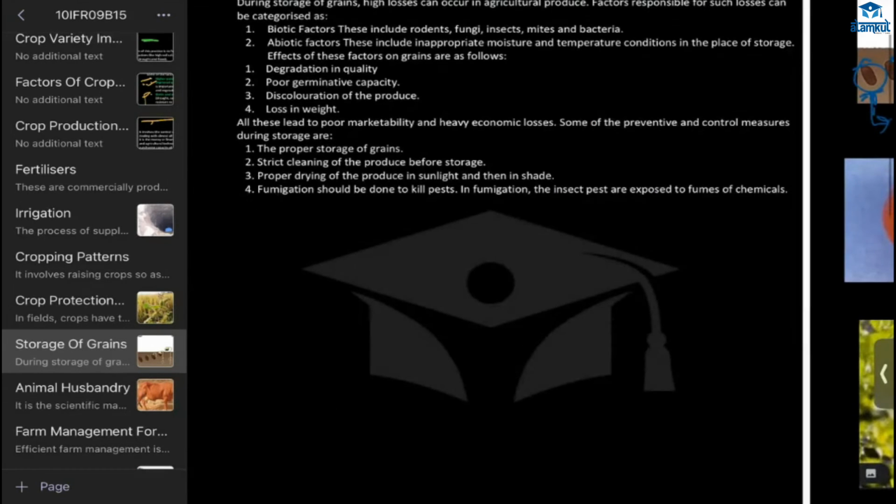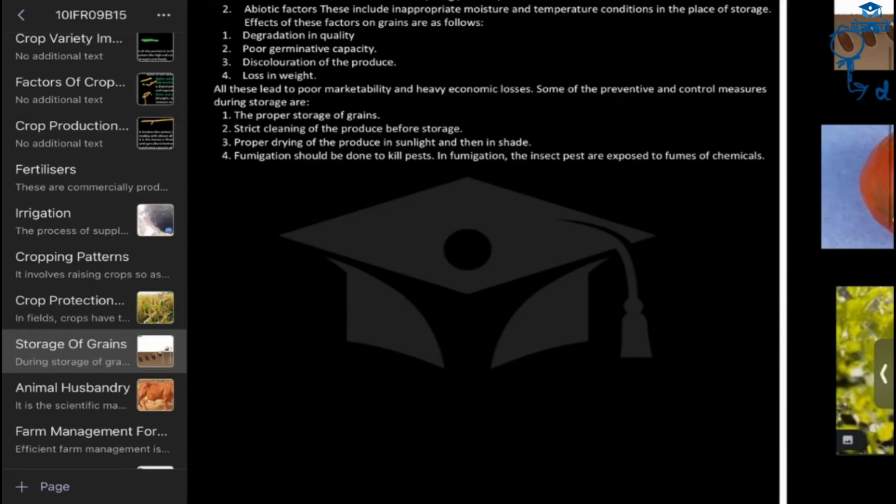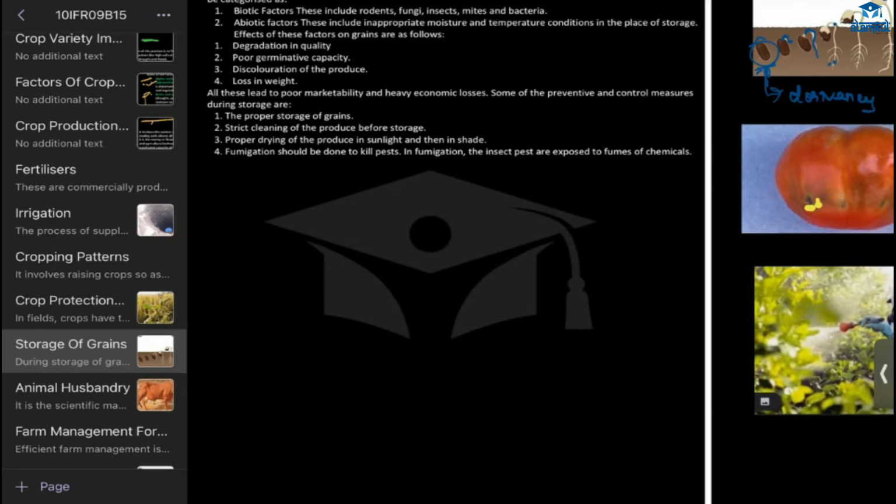We can prevent all these things by how? By proper storage, and there should always be cleaning wherever the crops are kept. Next, first the produce, we dry it in sunlight, then we keep it in shade.